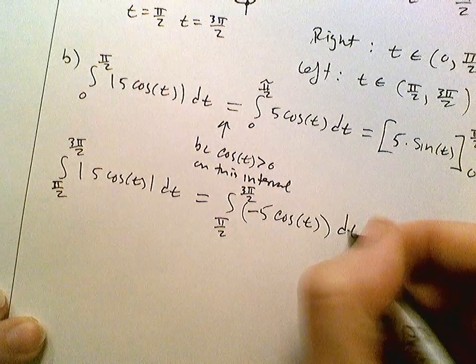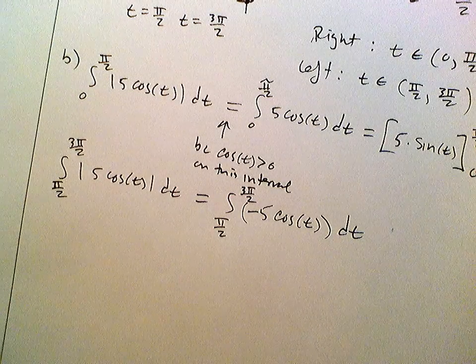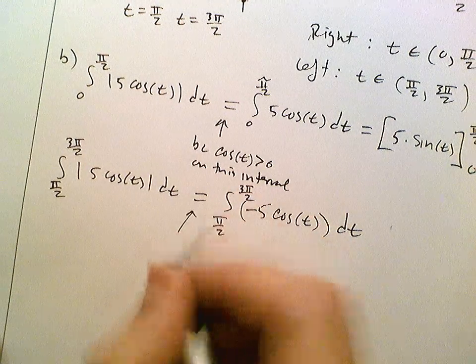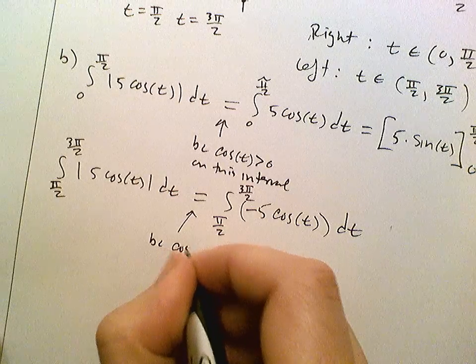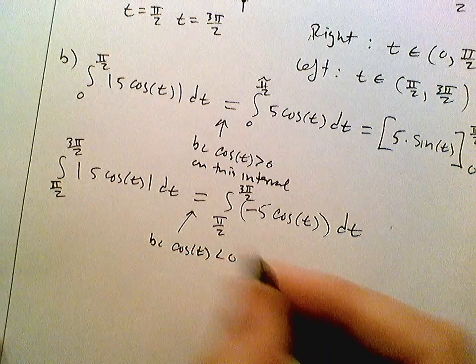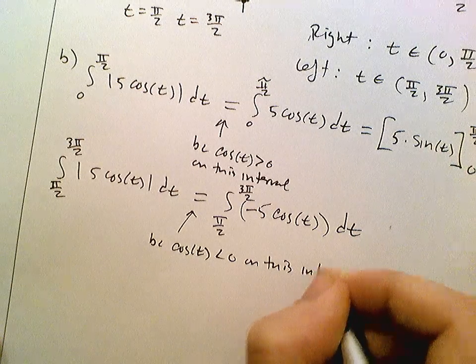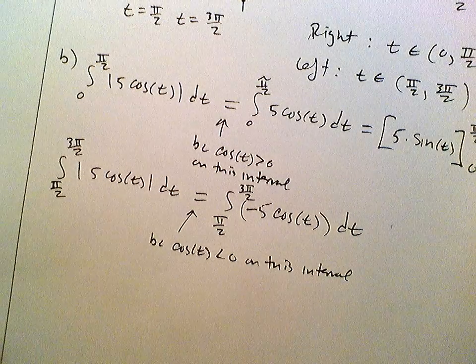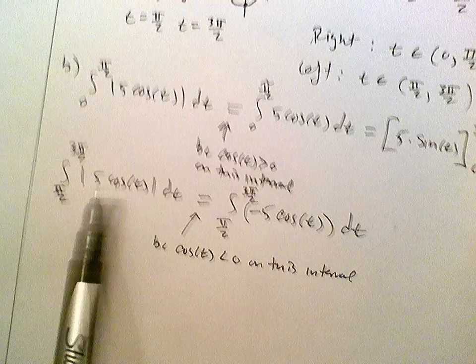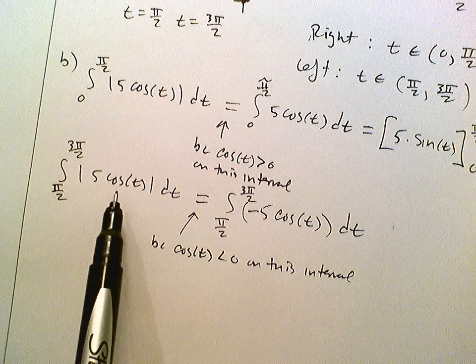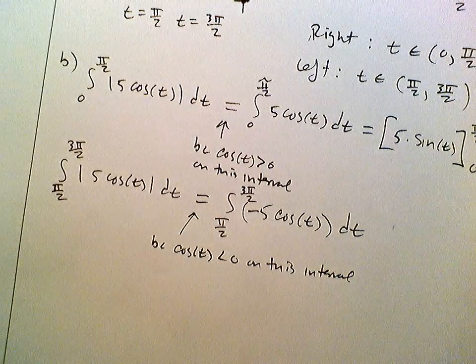I'm going to tell you why in a moment, but think about that. Pause it if you want to figure it out yourself. But I'll say it right here: that's because cosine of t is less than 0 on this interval. Guys, so the input in the absolute value is negative, so if I were to just negate it, I'd end up with a positive value. So that's how that works.